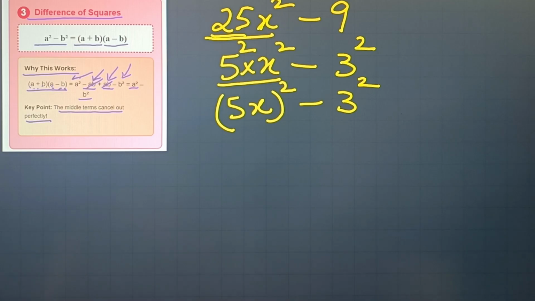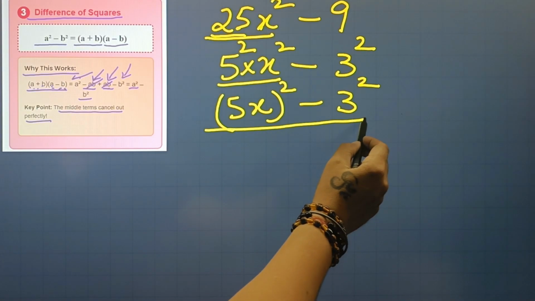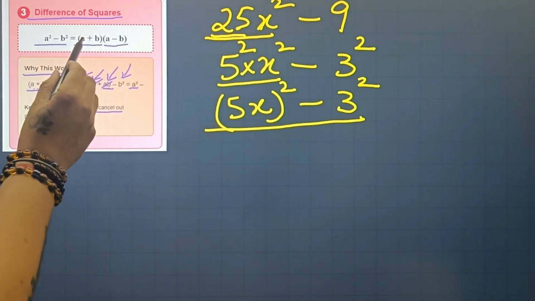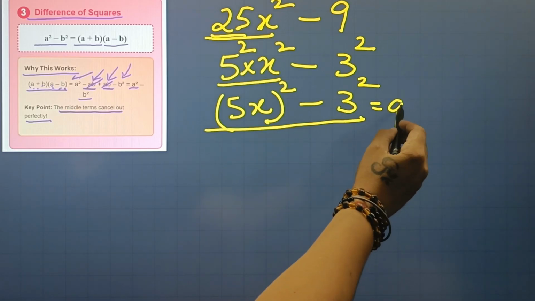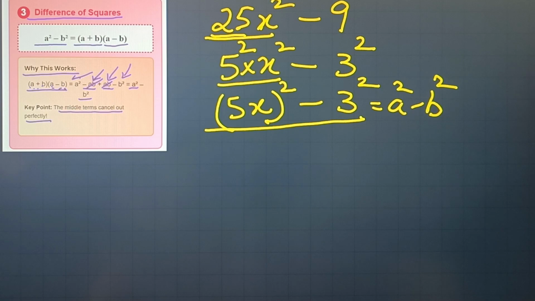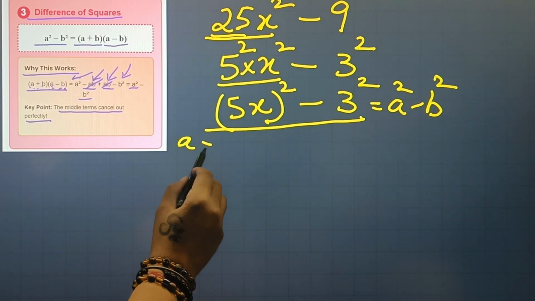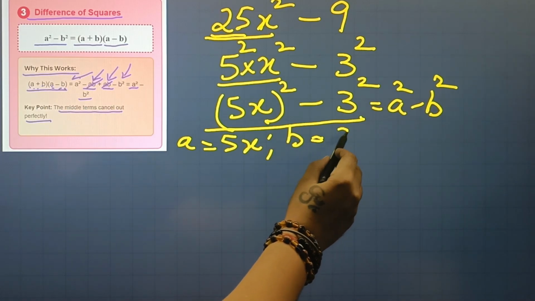Now we can see that these terms are in the form of a square minus b square, where a equals 5x and b equals 3.